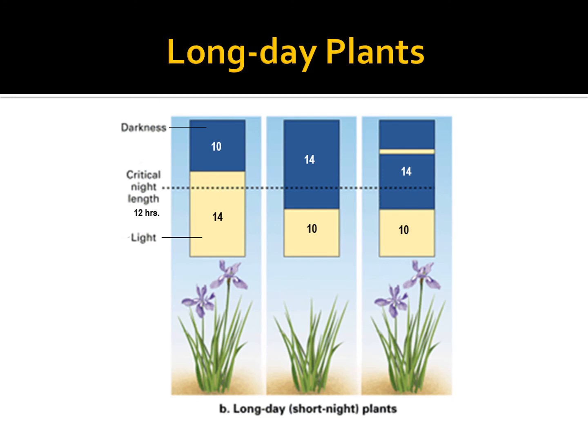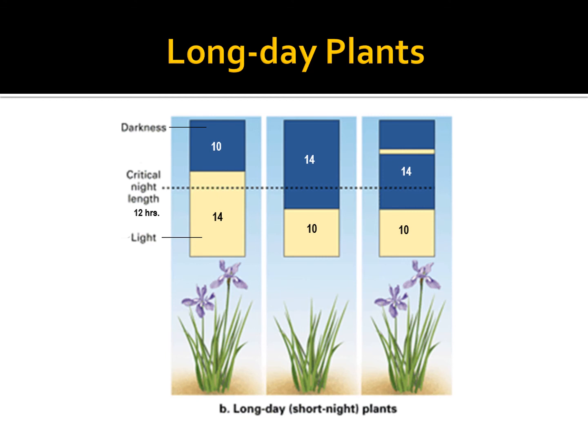If you look at the column to the left, the critical night length is 12 hours, and the uninterrupted period of darkness is 10 hours. So 10 hours is less than 12 hours. That means that the plant will flower under those circumstances, and you can see the plant is in bloom in that far left column.